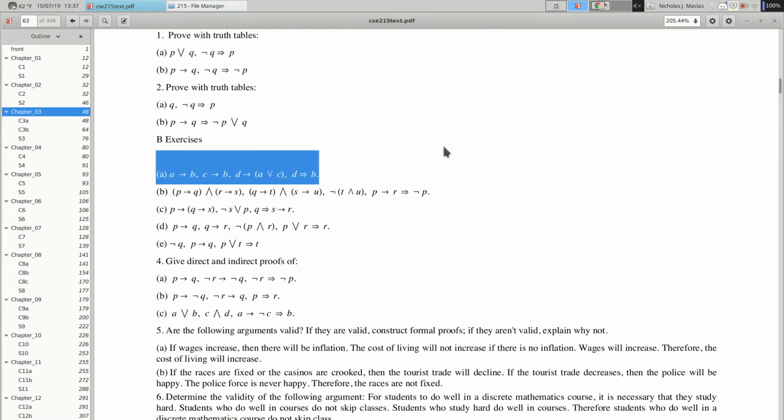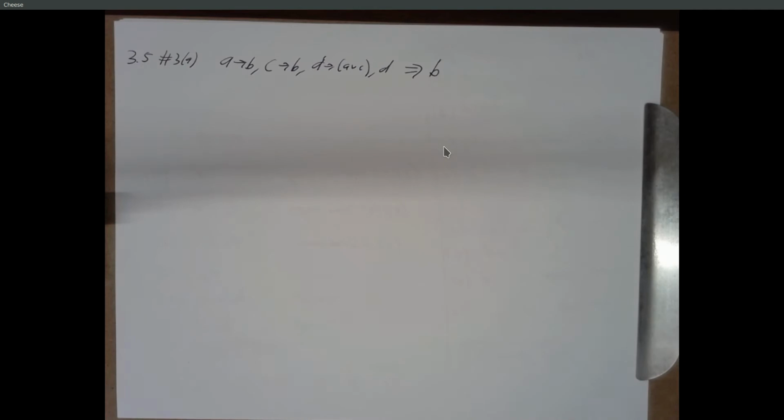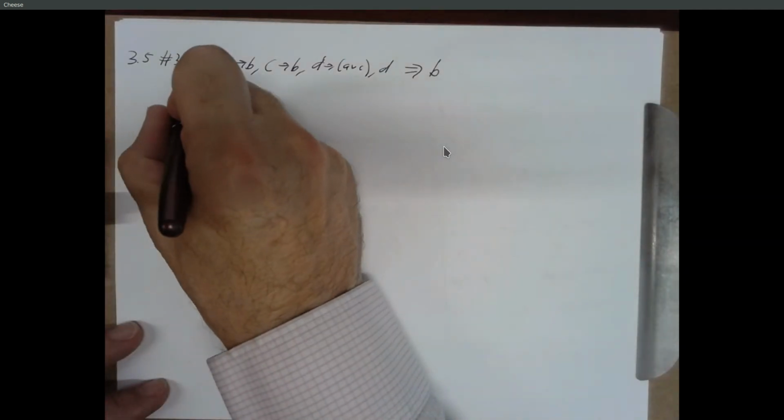So let's look at this question. So this is 3A. So A implies B, C implies B, D implies A or C, and D altogether implies B. So let me write these out.